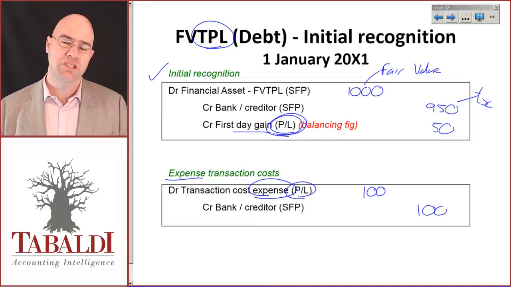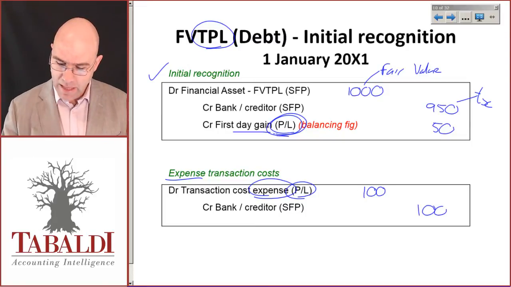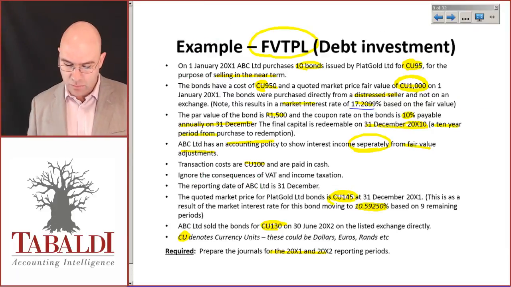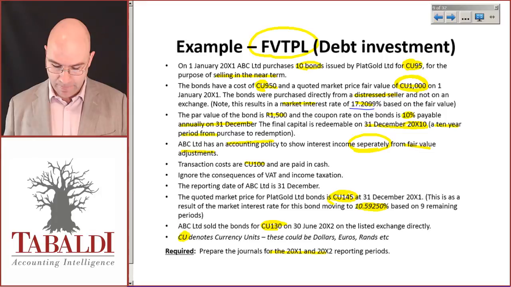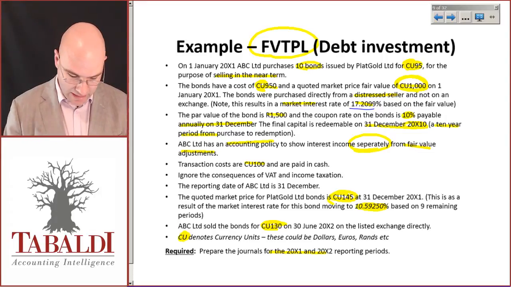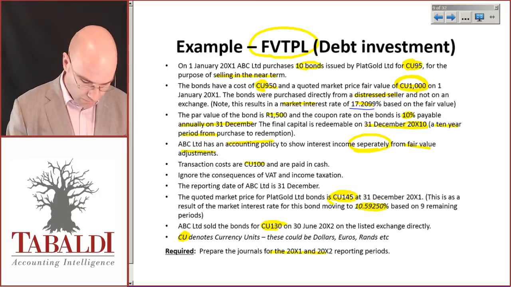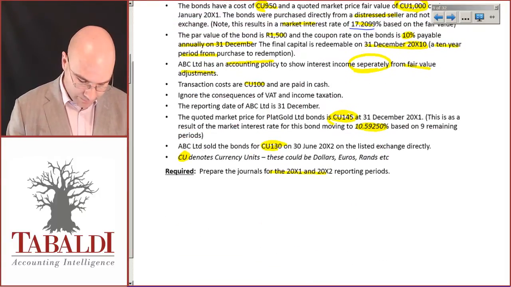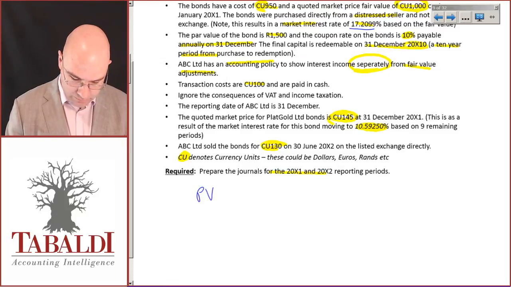What I'm tempted to do is just to pull out the financial calculator quickly, and we are going to make sure you understand how I got to an interest rate of 17.2099%. So for that 17.2099%, I'm going to scroll down and we're going to work out on day one, we have a present value of 1,000.